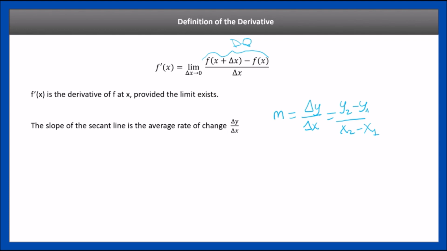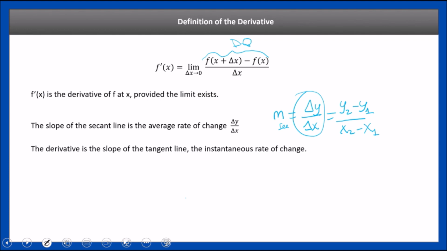Now, compare this secant line to the derivative symbol. We generally use delta y over delta x for the secant line, but for the derivative, we change it to dy dx.